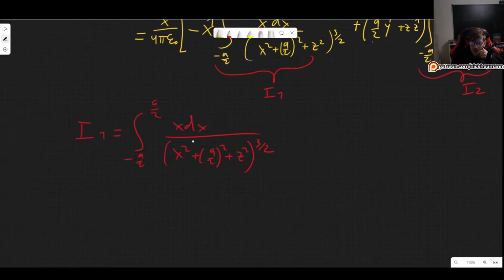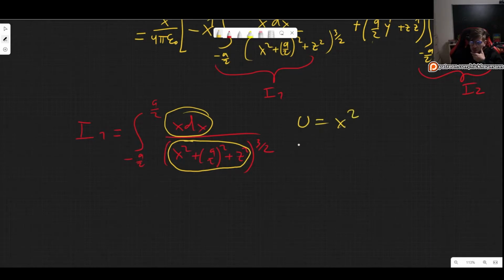Whenever we have in our denominator here something that its derivative is in the numerator, this is telling you try to use substitution. Because if we use a substitution that involves x squared, then the du will simply be x dx, in this case, of course, times 2. And that is precisely what we have here, except for the 2 factor.